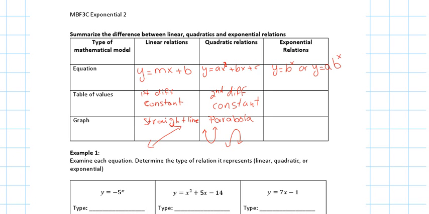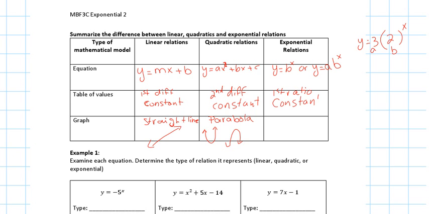We'll talk about these as we go. In the table of values, what is constant? First ratio is constant. And then the graph is going to look like this.